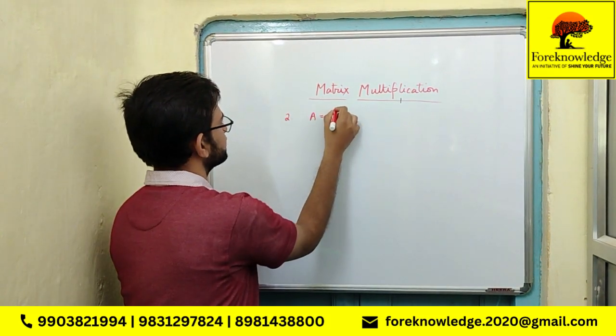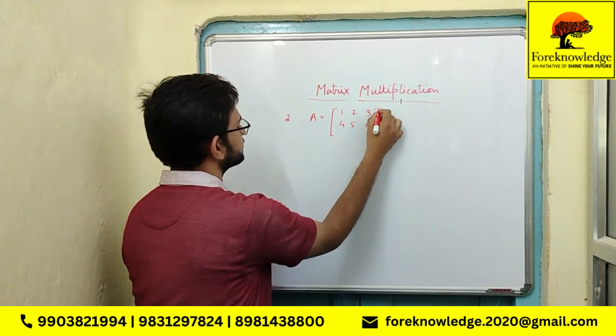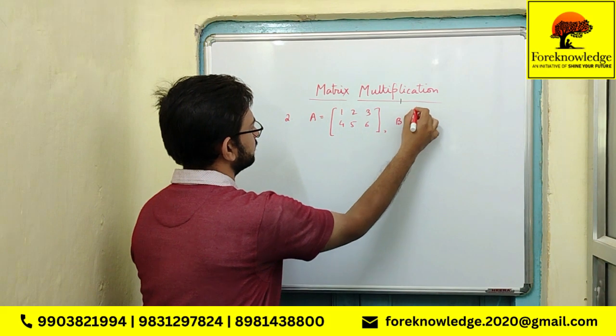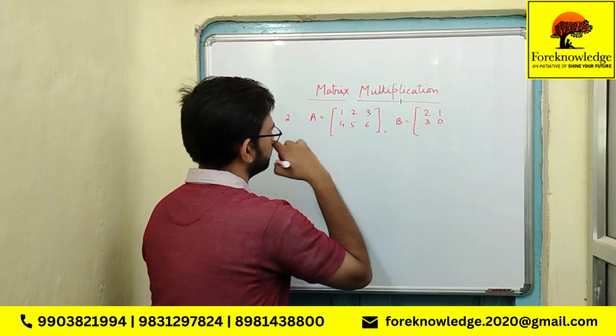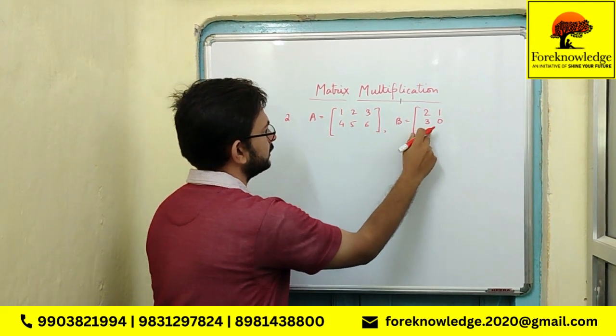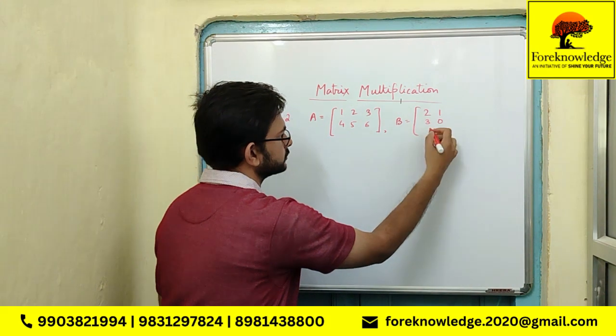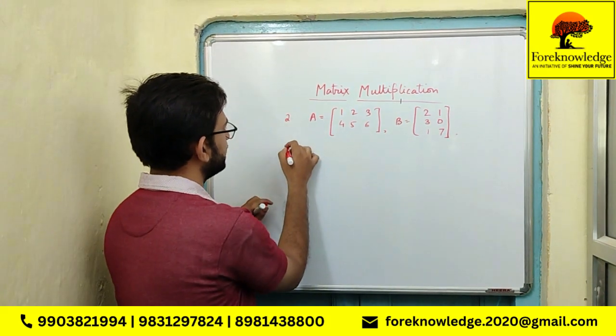Suppose A is 1, 2, 3, 4, 5, 6 and B is 2, 1, 3, 0. Here we have 3 columns, so it must have 3 rows, 1, 7. Now multiply AB.